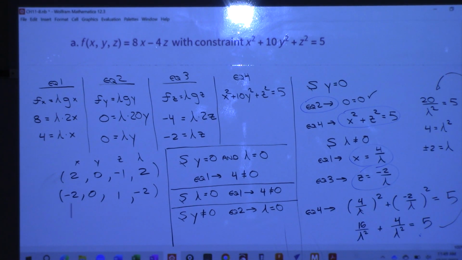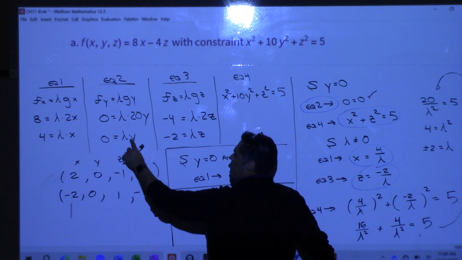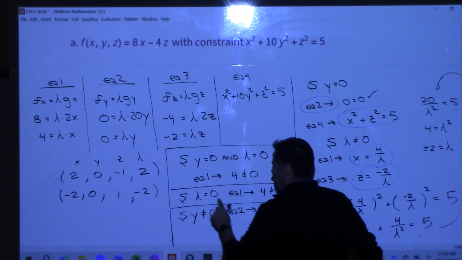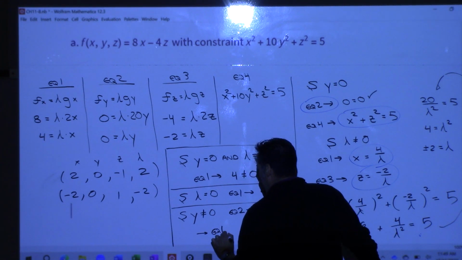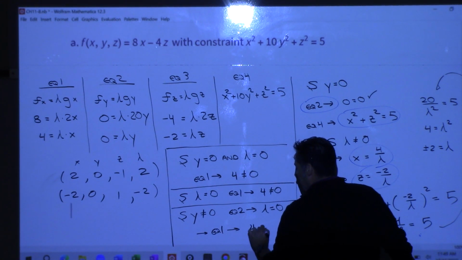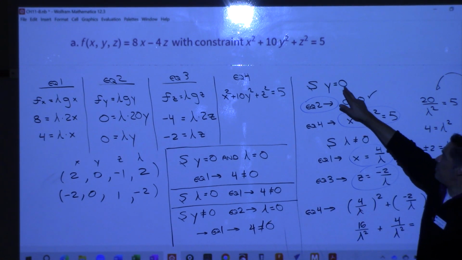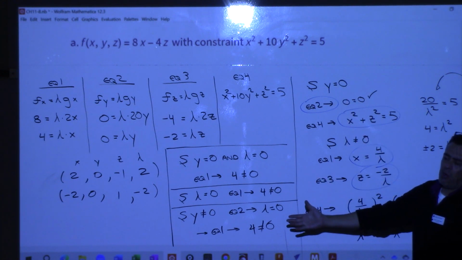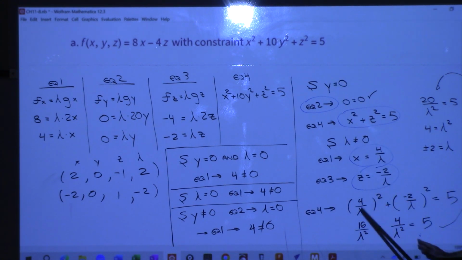If lambda is 0, that implies from equation 1 that 4 is equal to 0, which is not. So as soon as you try and let this not happen, you have a problem. So this has to happen, and when this happens, this is the only result, right?